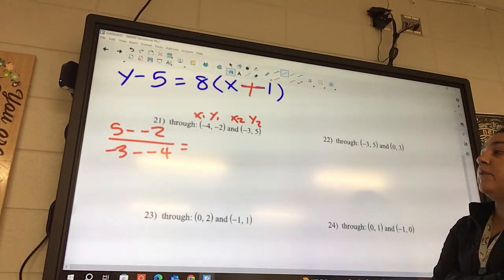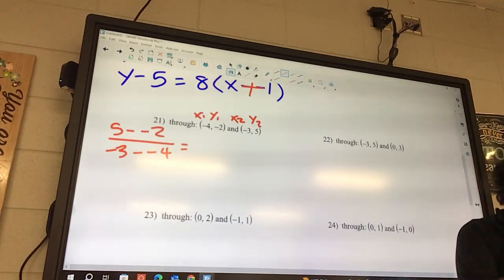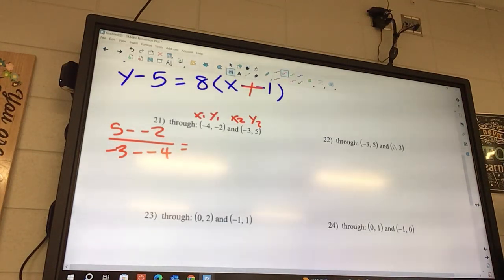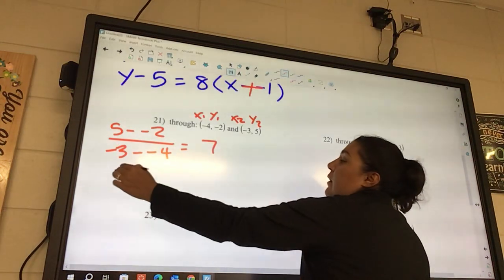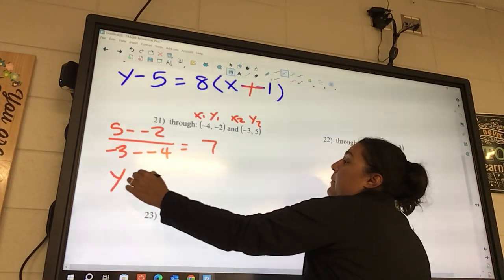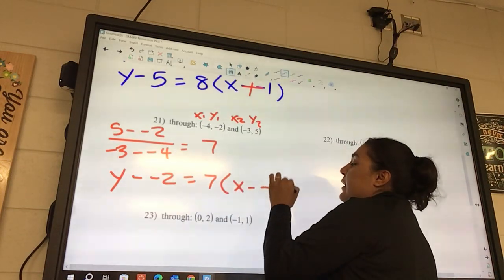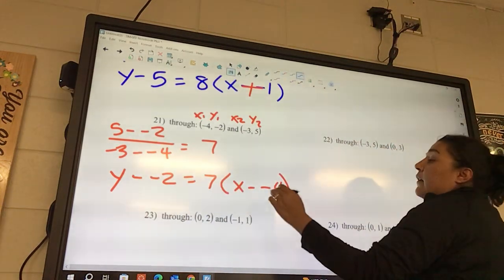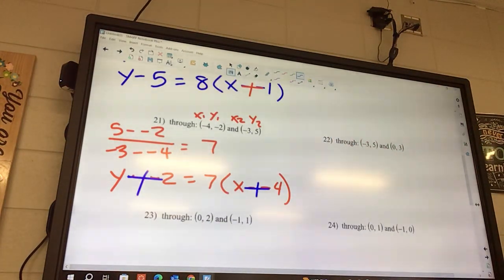I think it's just 7. No, you had to forget a minus somewhere. It's 7? Okay, so I'm gonna get y minus negative 2 equals 7, x minus negative 4. And then you need to change those into a plus.